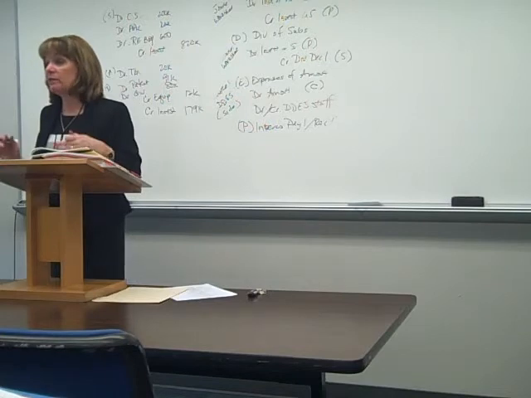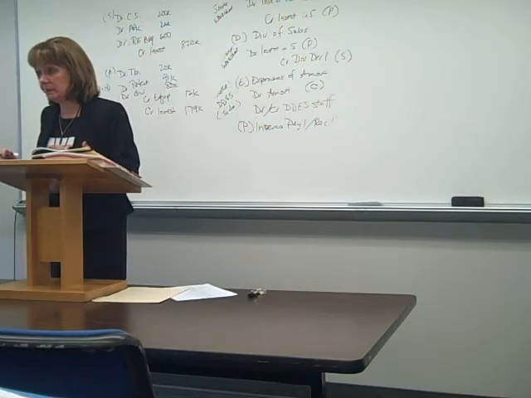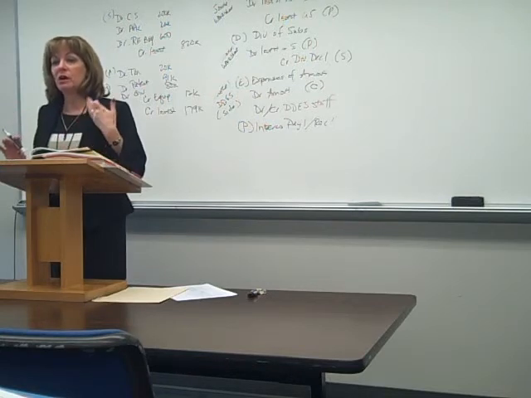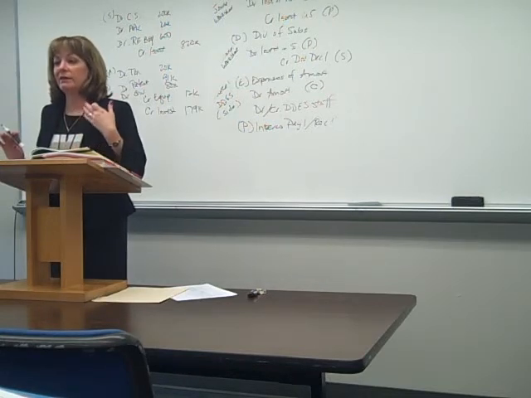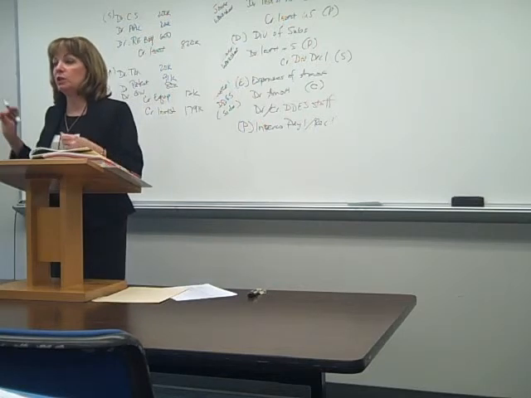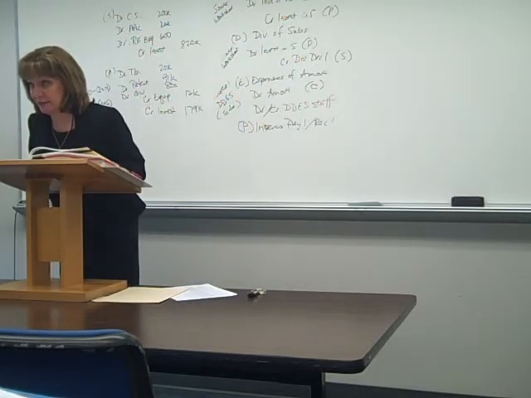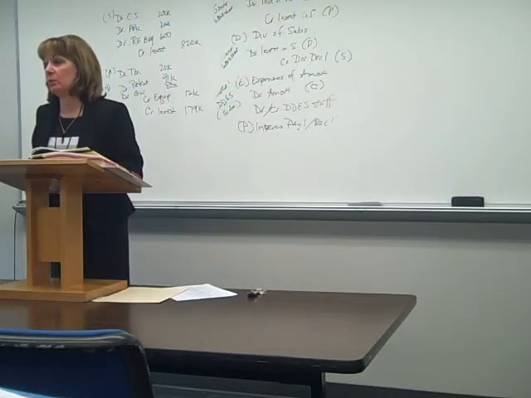Payables have what kind of a balance? Payable is what kind of balance? A credit, so to remove that, you will debit it. Receivables are assets, they have a debit balance. To remove it, you will credit. This is always credit receivable, debit payable.